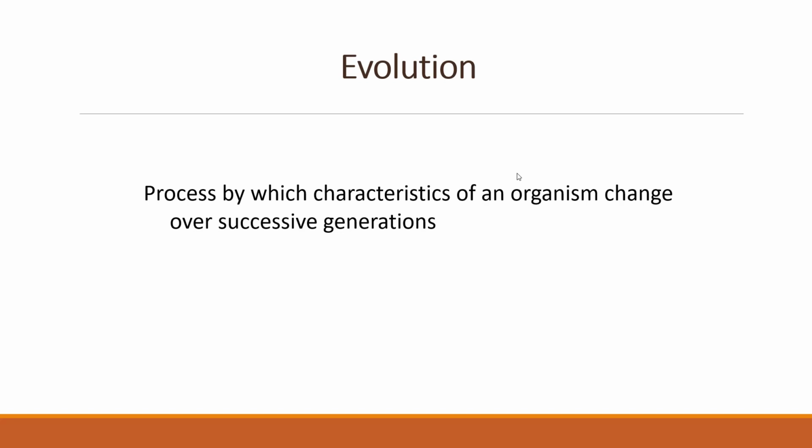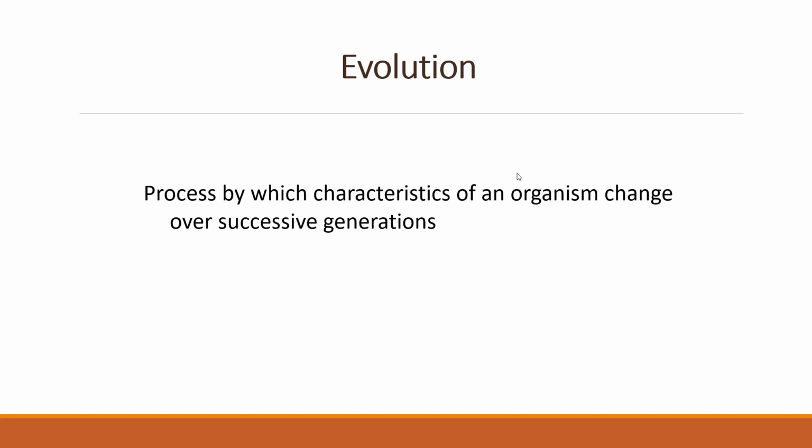Evolution is the process by which characteristics of an organism change over successive generations. An example in our species is that not everyone has wisdom teeth anymore. People no longer need them, so some people are born without them. We can see changes in very short time periods in nature. There's an example of a type of moth that was light colored before the industrial revolution.